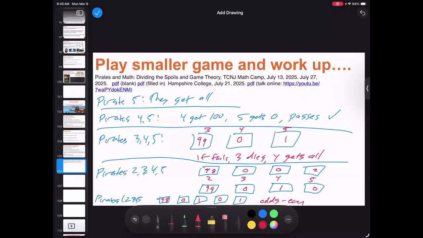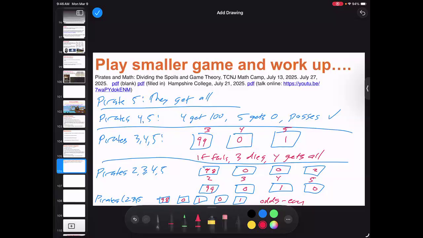You're talking about intelligent. And so it's just, are they valuing your life as well? So do it by how many pirates there are. If there's only one pirate, the pirate gets everything. If there's two pirates, pirate 4 gets everything, pirate 5 gets nothing. So pirate 3 is making their proposal. Pirate 4 knows if the proposal fails, I get everything.